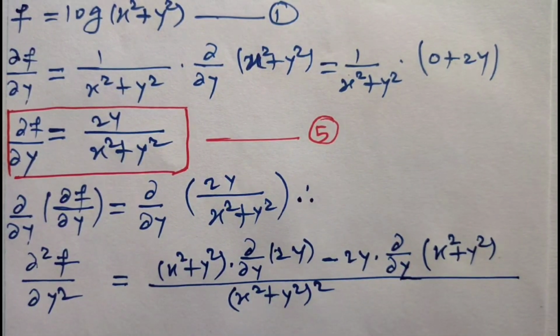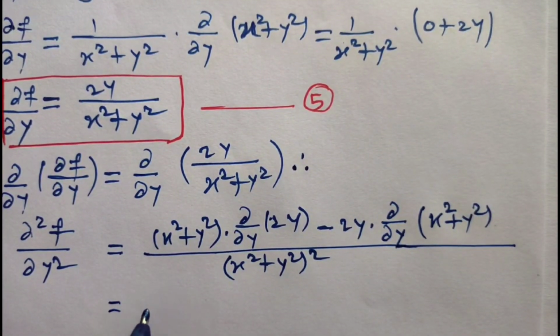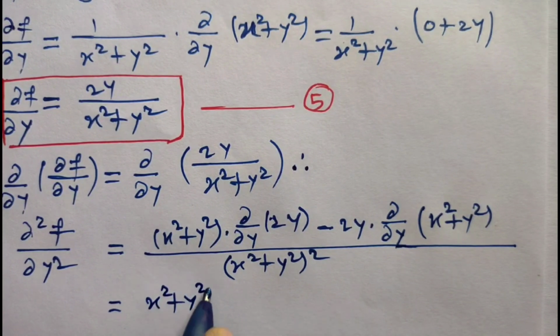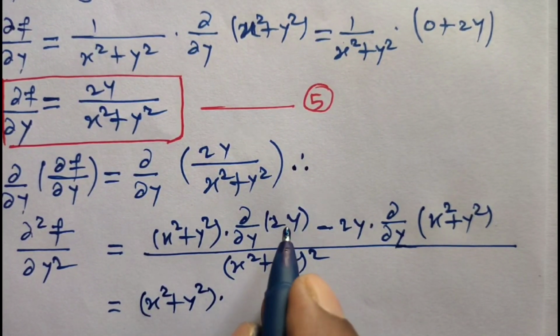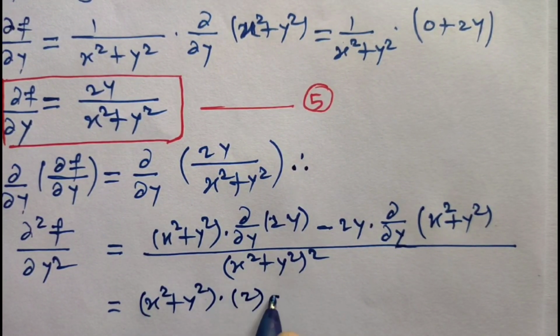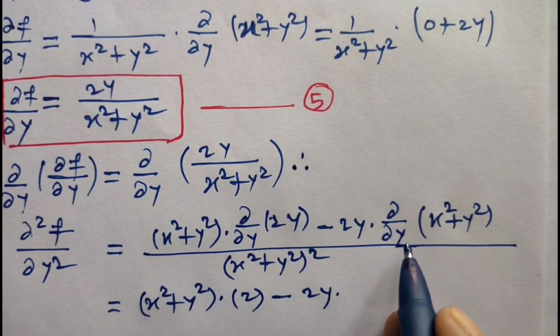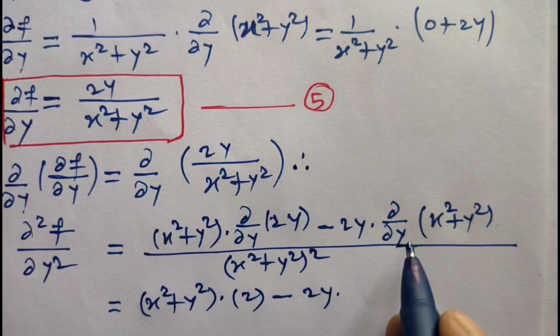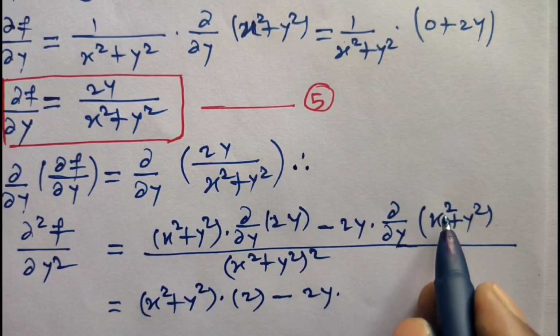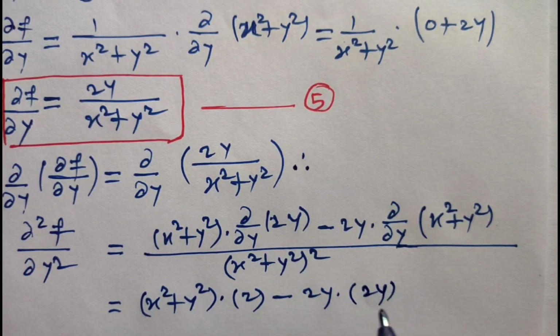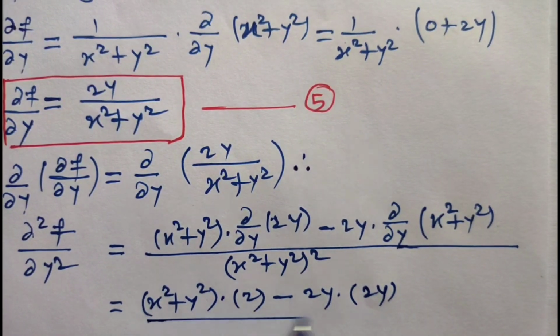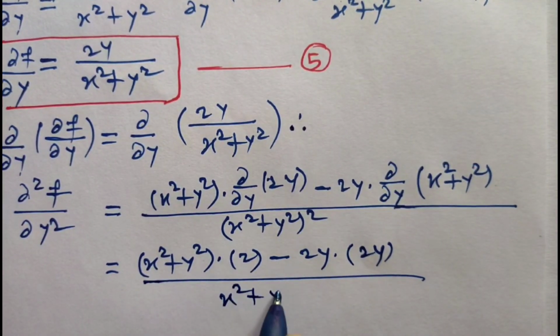Then simplification: this is equal to (x² + y²) into the partial derivative of 2y with respect to y, that is 2, minus 2y into the partial derivative of x² + y² with respect to y. We are differentiating with respect to y, so the derivative of x² becomes 0 and the derivative of y² becomes 2y, divided by (x² + y²) squared.